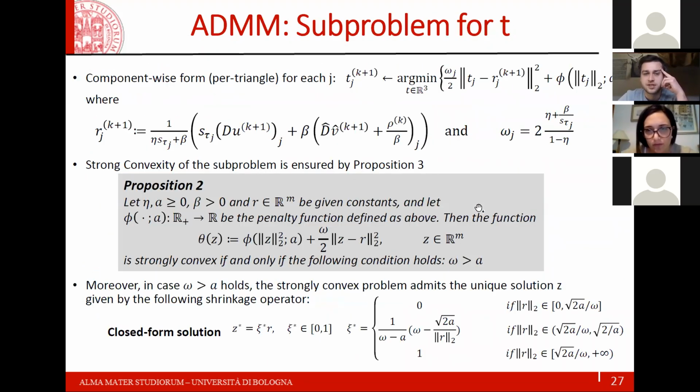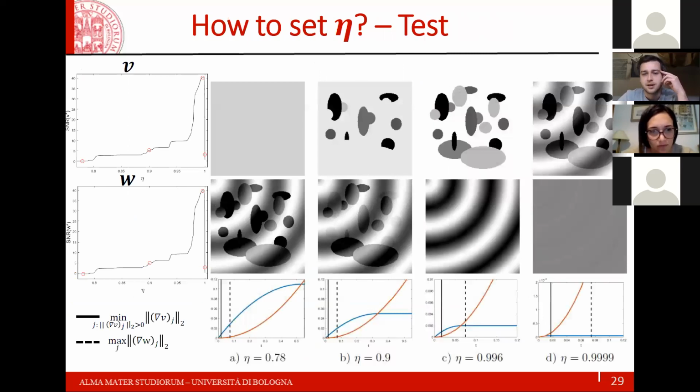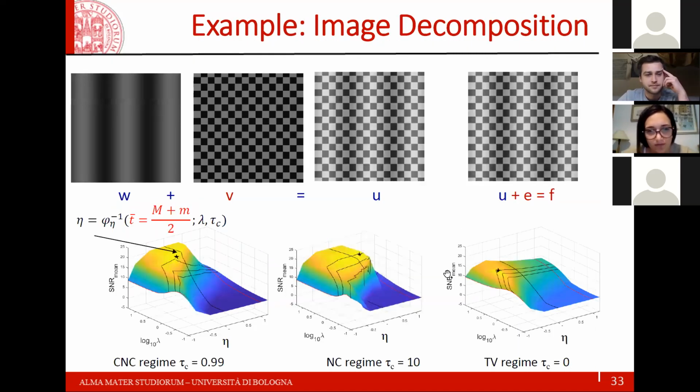However, for some testing examples, as here, these are the SNR surfaces for changing eta and changing lambda, to see where we can observe a plateau or a maximum value for the mean SNR of all the three components, V, U, and W.